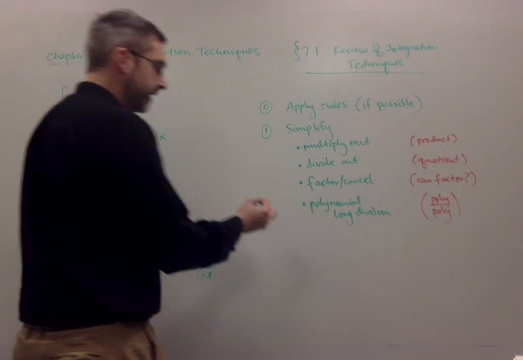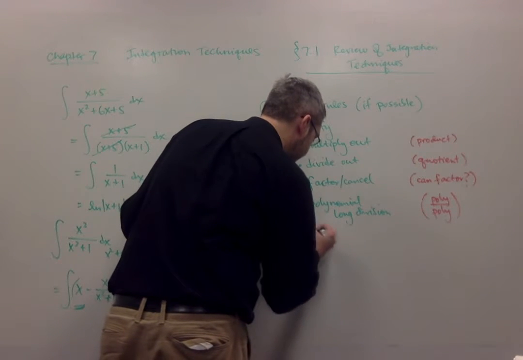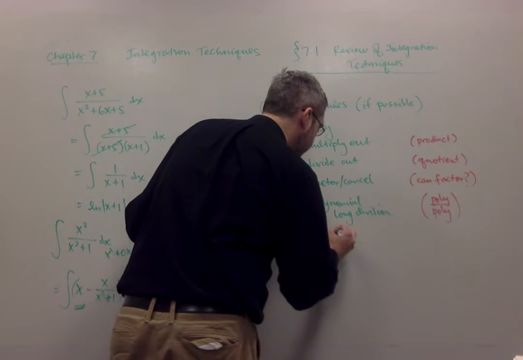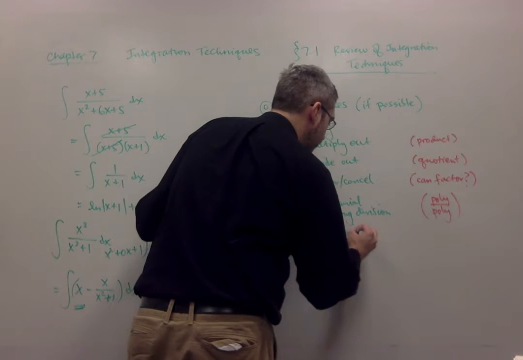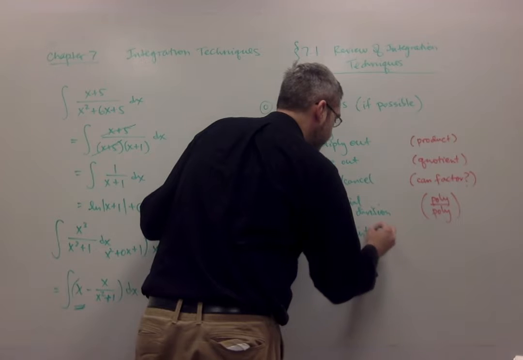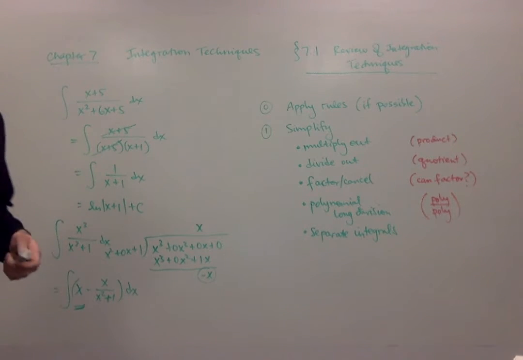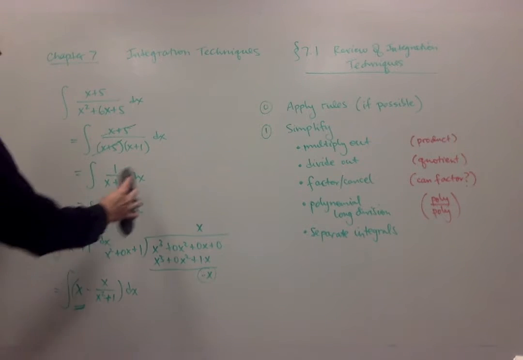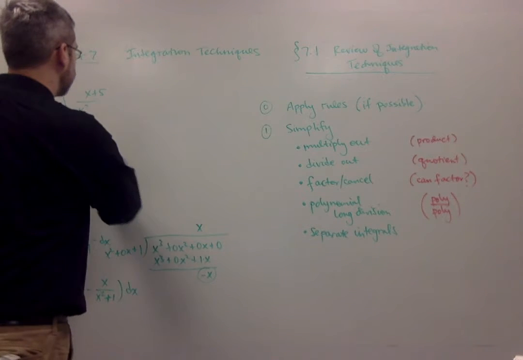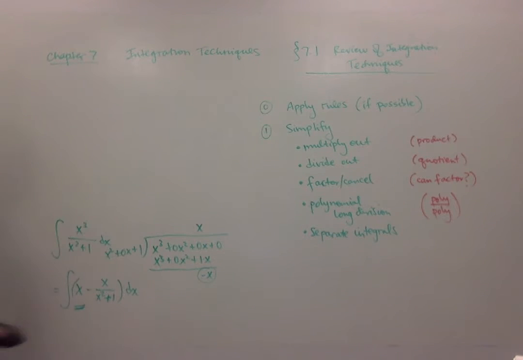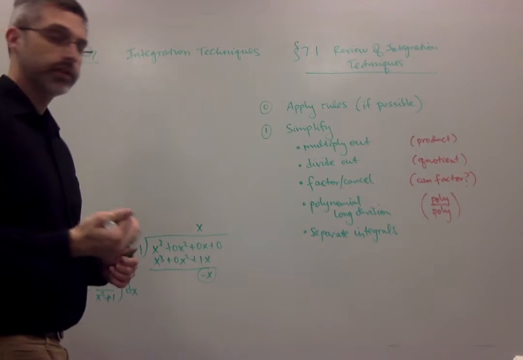Another one that maybe I can put alongside this is that sometimes separating the integrands, separating the integrals, can actually be helpful here. Let me show you an example of what I mean here. I think you've probably seen at least one of these on your homework.